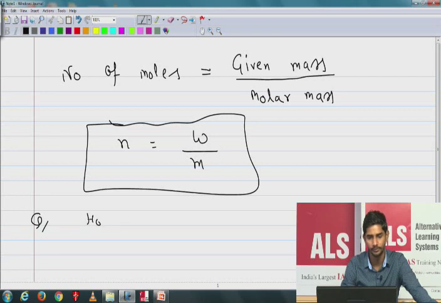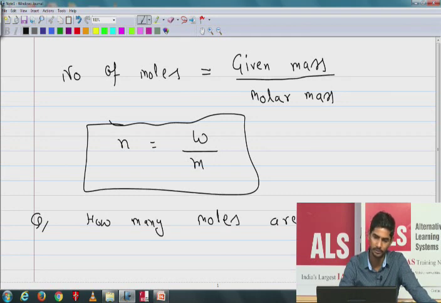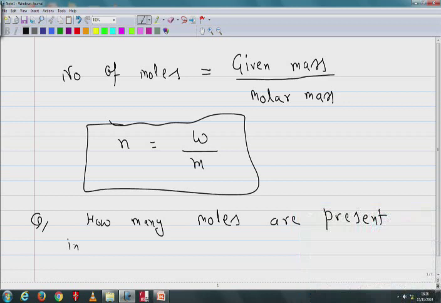How many moles are present in 9 gram of H2O?